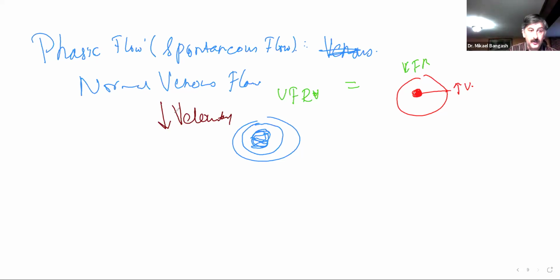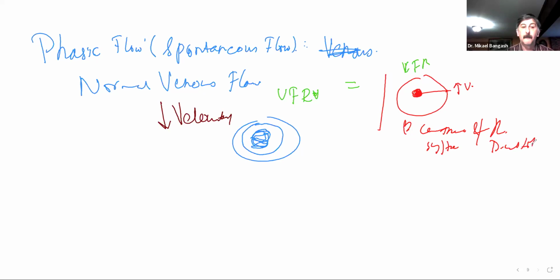So unlike your pulsatile flow, which was due to the heart's contraction and relaxation, or systole and diastole, your venous flow, or the blood flow in the veins, which is an example of phasic flow, also known as spontaneous flow, is not controlled by the systole and diastole of the heart.